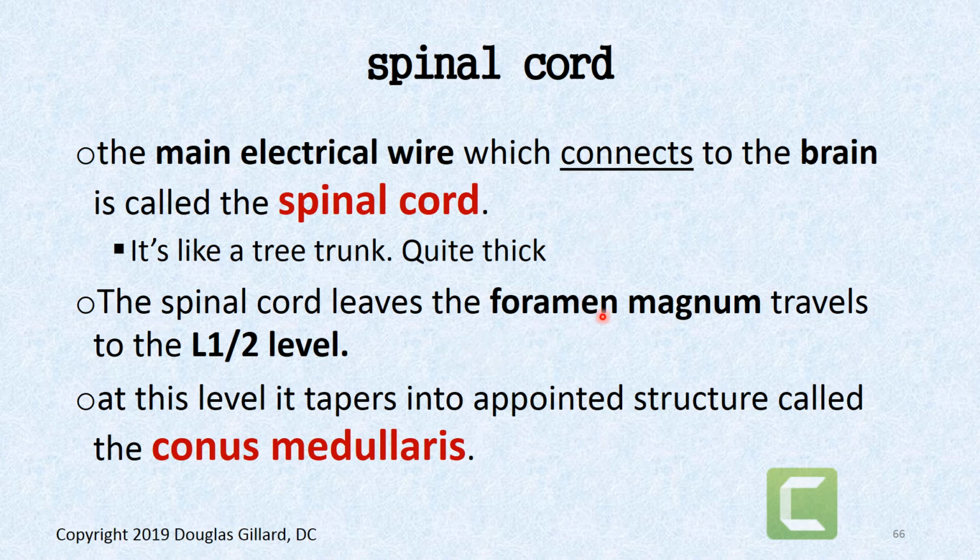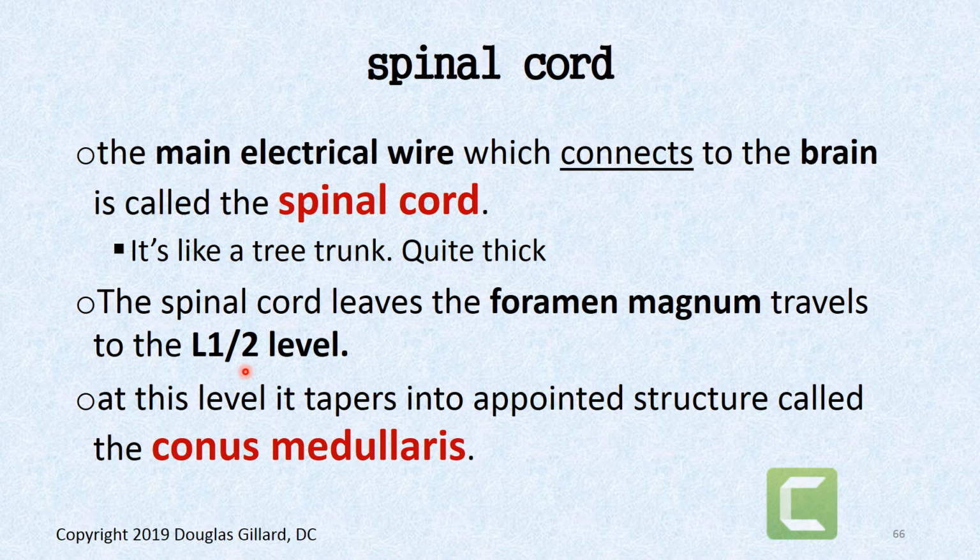The spinal cord leaves the foramen magnum and travels all the way down to about the L1 disc level. So L1-ish, L2 is where the spinal cord terminates. That's kind of a problem, right? Because our spine goes all the way down to the coccyx, and the vertebral canal goes all the way down into the sacrum.